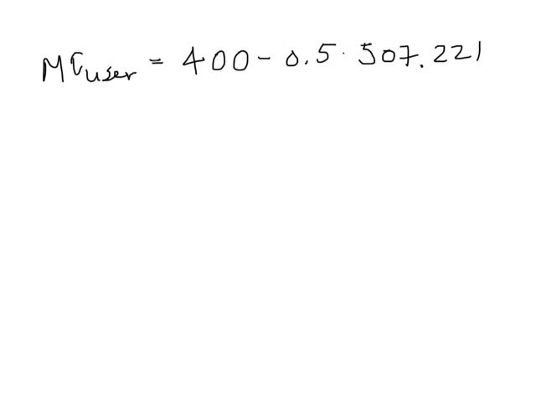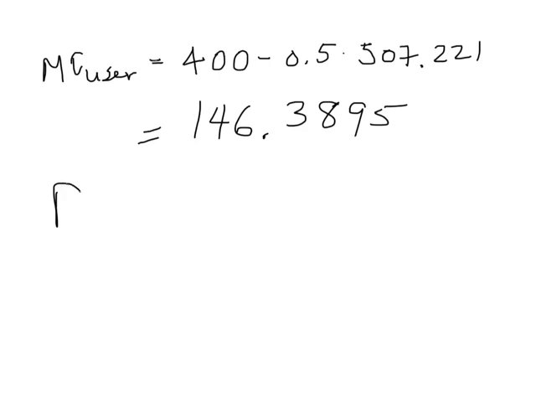I didn't do that step ahead of time, so pardon me while I fumble around with my calculator. 400 minus 0.5 times 507.221 is equal to 146.3895, bringing it out to 4 digits.